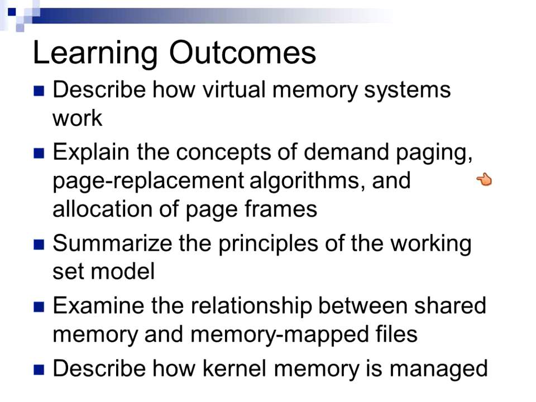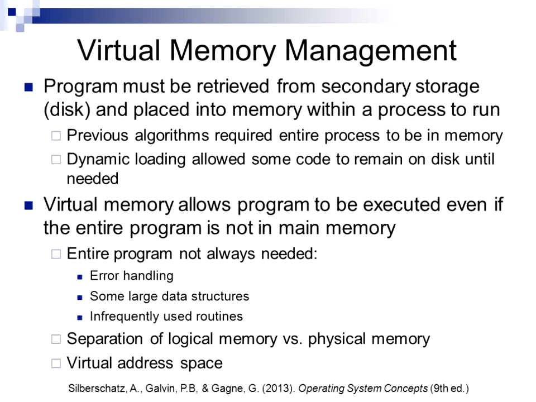So you need to understand demand paging. As you might recall, a program has to be retrieved from disk and placed into memory in order to run. The other algorithms that we looked at in the last chapter, for the most part, required the entire process to be in memory in order for it to be run.